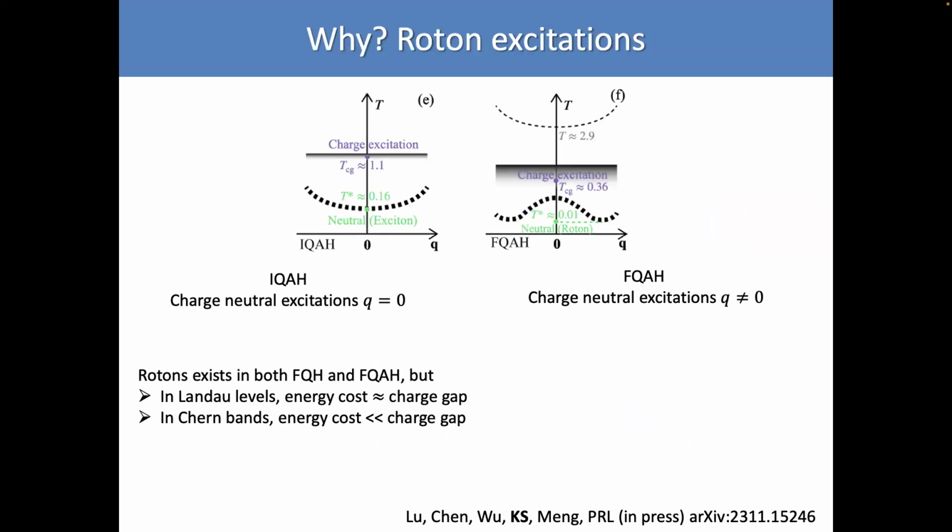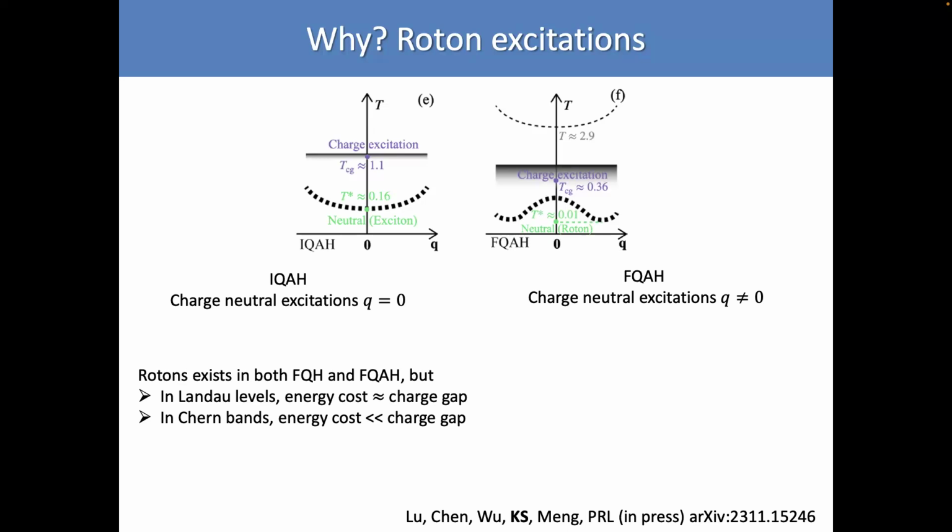This dashed line here is a cartoon picture of the charge neutral excitation dispersion. As we can see, for integer filling, the energy minimum is typically around zero Q. So this integer filling excitation is typically at zero momentum. But if you look at the fractional state, the energy minimum is typically not at zero momentum, but at some finite momentum.